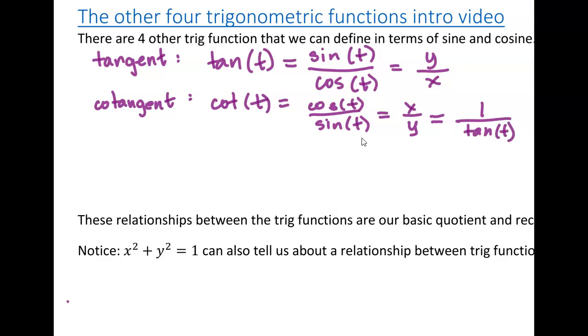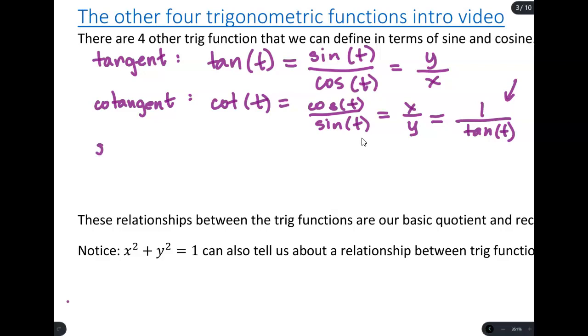So this is how I tend to remember this one, although there is a little bit of funniness with domain. Sine and cosine, they don't have any domain problems, but we'll run into seeing that some of these other ones that are defined as a fraction, they can have domain problems. So there's a little bit of funniness where cotangent t and 1 over tangent t disagree at certain locations, but mostly that's okay to think about.